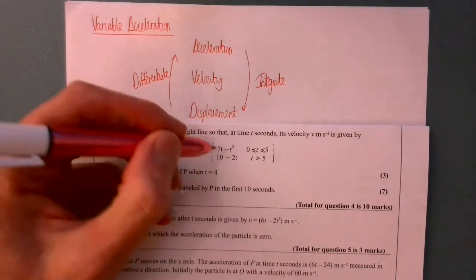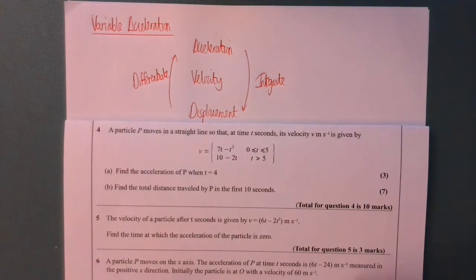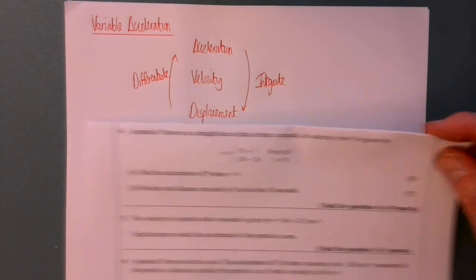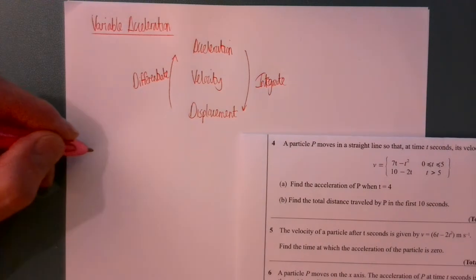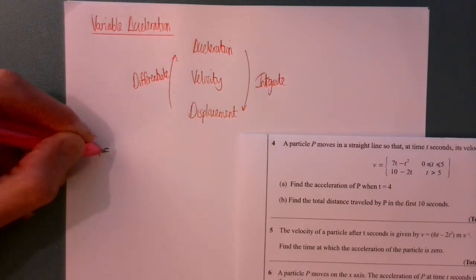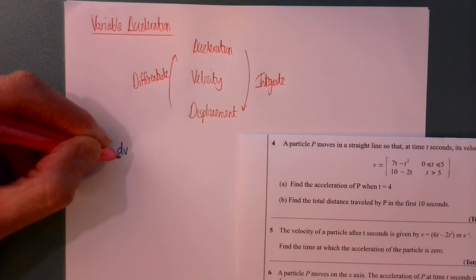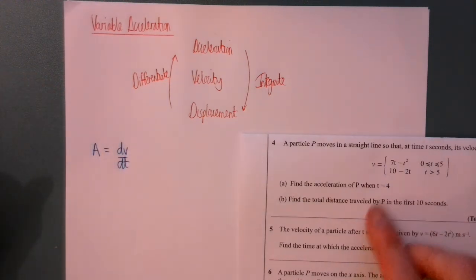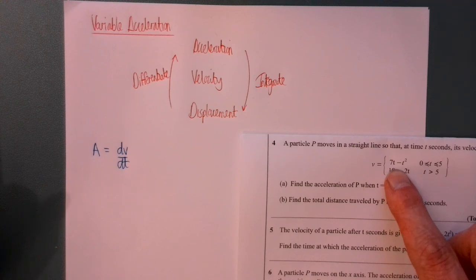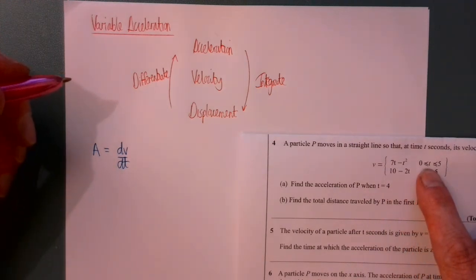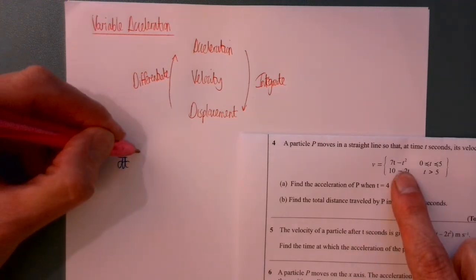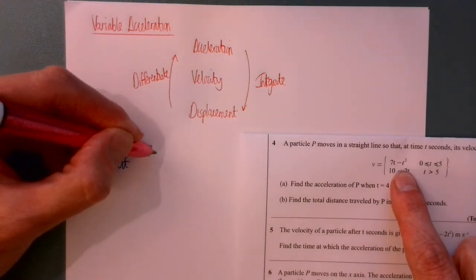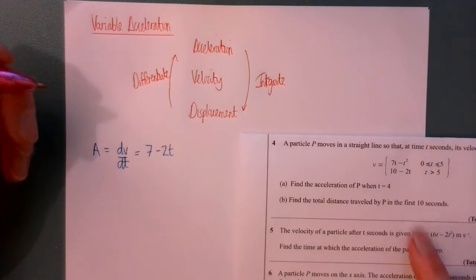So when t is 4, I'm dealing with this first formula here. So acceleration is what you get when you differentiate the velocity, dv by dt. So this is my formula for v when t is 4, and I'm just going to differentiate that, so that's going to give me 7 minus 2t.